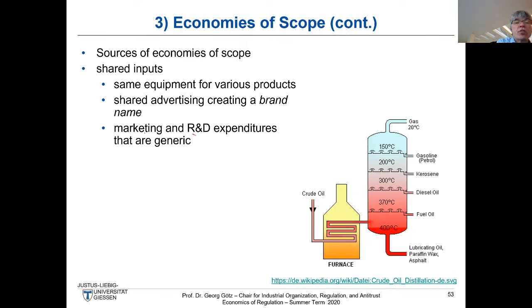R&D expenditures. So if you invest something in R&D in terms of, say, new batteries, you might then use these new batteries not only in your cars but also in your trucks and so on, in several other respects. So these would be shared inputs.